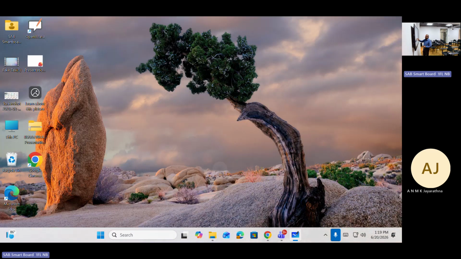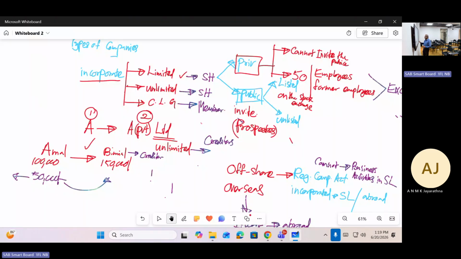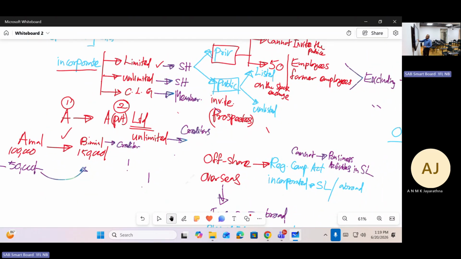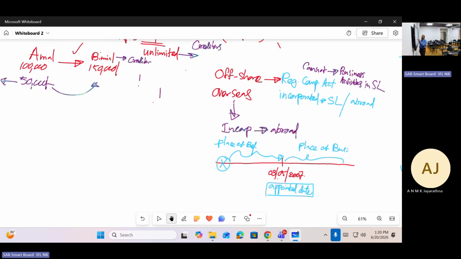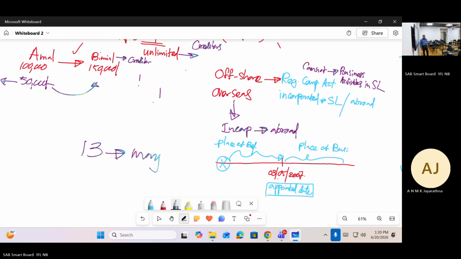Section 13 says the company may set out objects, rights and obligations of the shareholders, provisions with regard to management and administration. So that is, may set out.